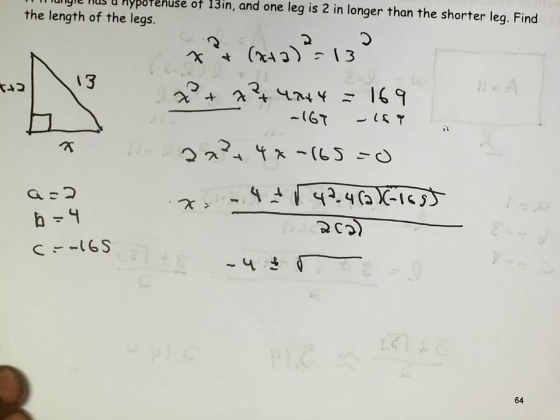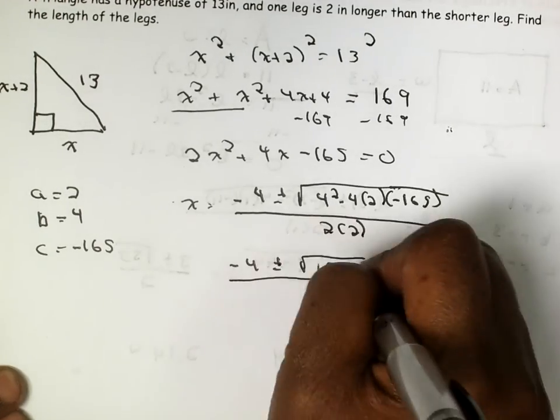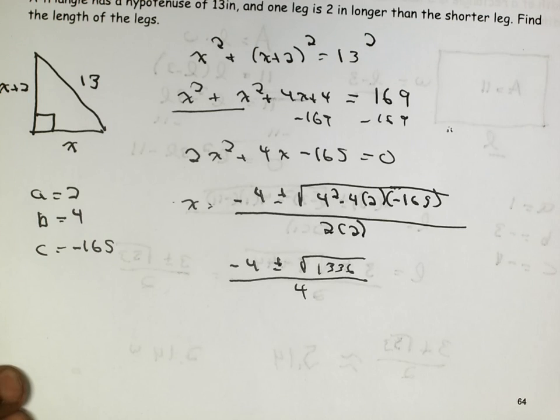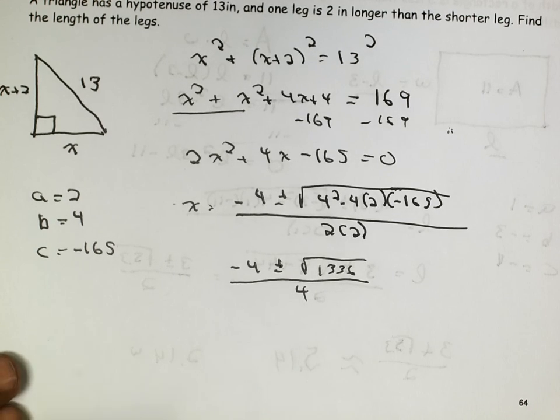So inside, 4 squared is 16. And then when you multiply that other stuff together and add it, you end up with 1336. Because 8 times 165 was 1320, plus the 16 is 1336.